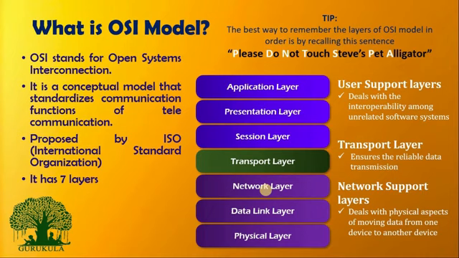The best way to remember the layers of OSI model in order is by recalling this sentence: Please do not touch Steve's pet alligator. Every first letter in a word will name a particular layer. So P stands for physical layer, D stands for data link layer, N stands for network layer, and so on.